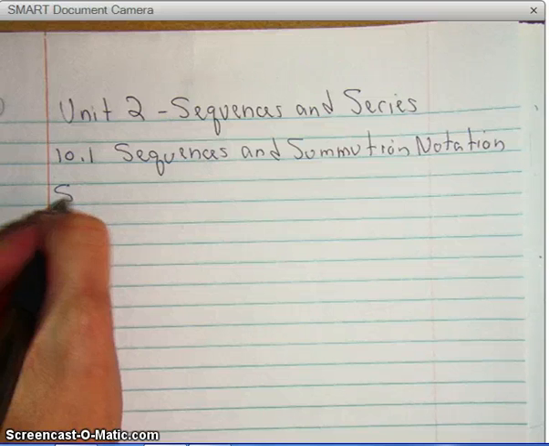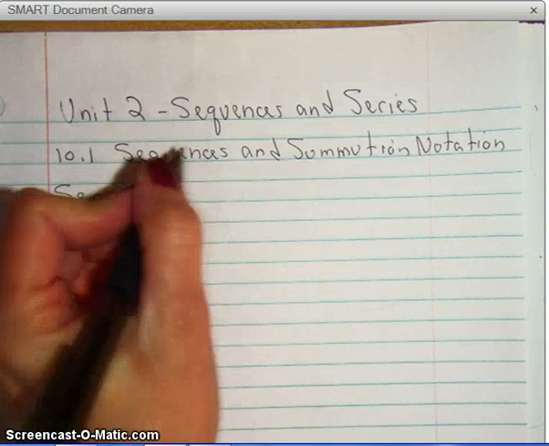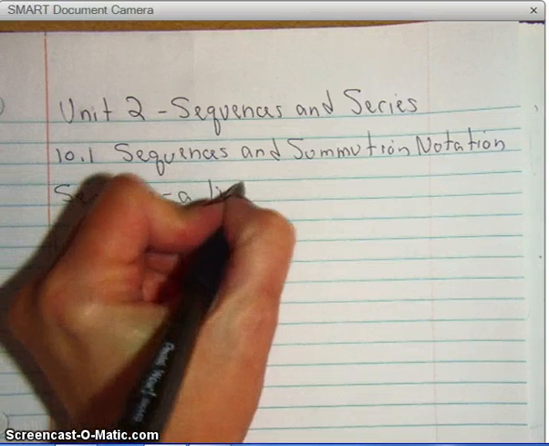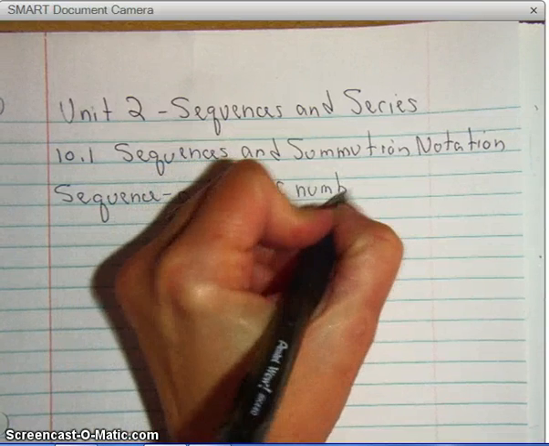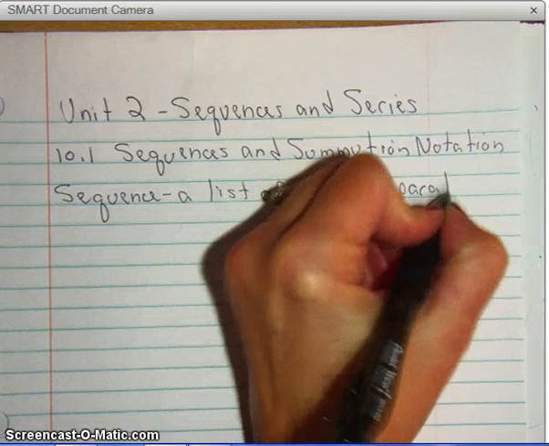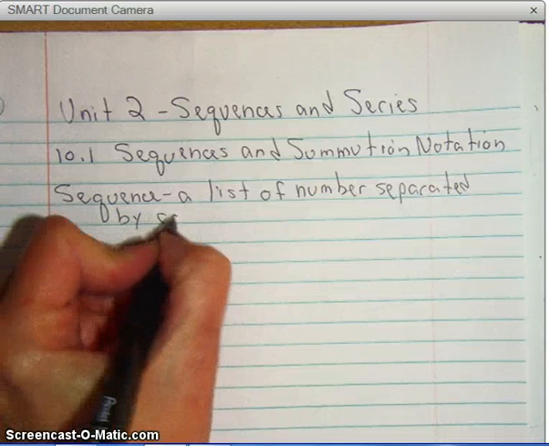Definition of sequence: a sequence is a list of numbers separated by commas.